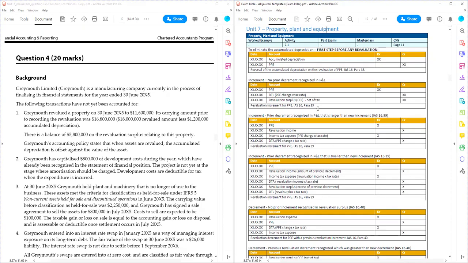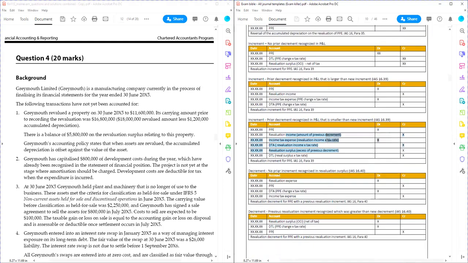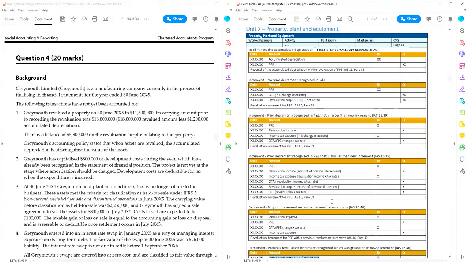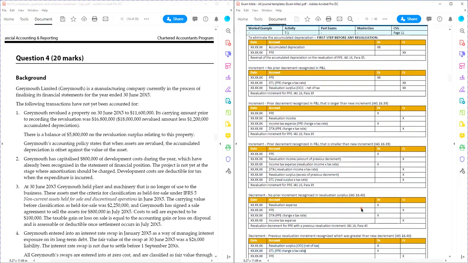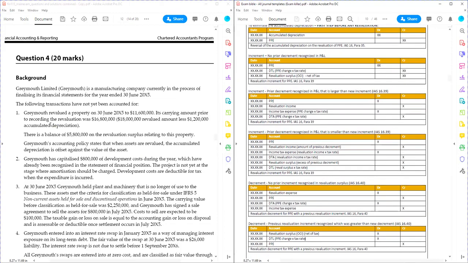If there was a prior decrement that is larger than the new increment, you'd use these ones. If the prior decrement is smaller than the new increment, you'd use these ones. If there was no prior decrement, you'd use these ones. And if there was a previous valuation increment which is greater than the new decrement, you'd use this one. So it is a little bit tricky, but all the journals are there. You just need to figure out which one it is that you need to use.